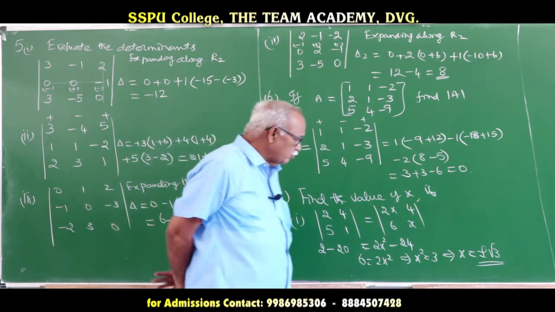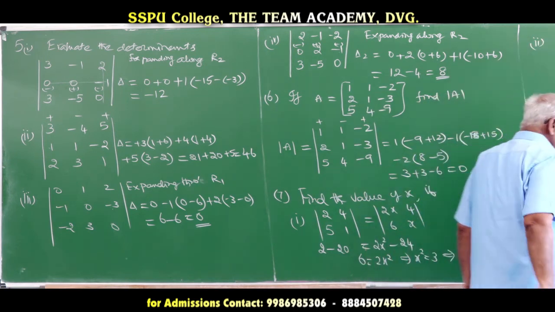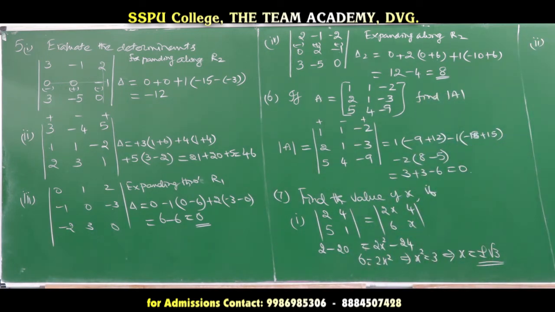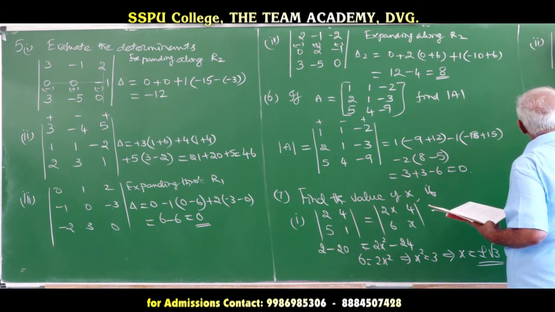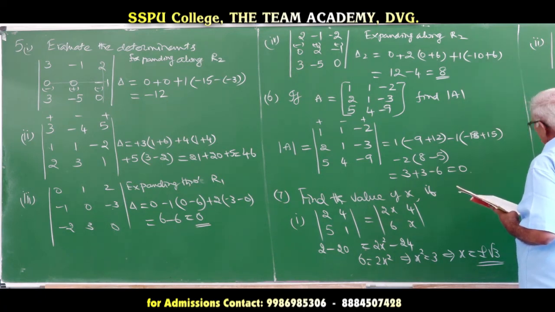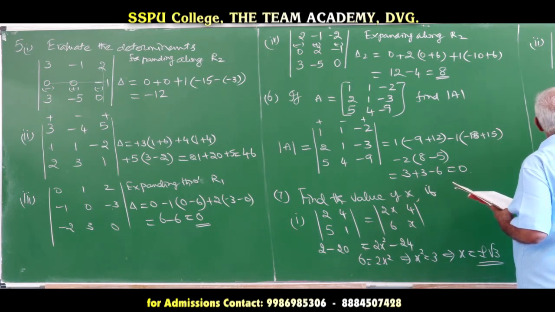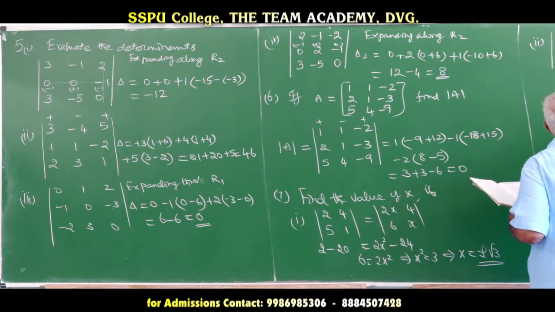You will see one more problem here, that is the second one. Find the value of x. Determinant 2, 3, 4, 5 is equal to determinant x, 3, 2x, 5.